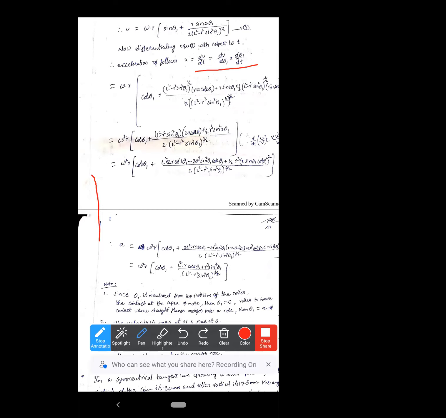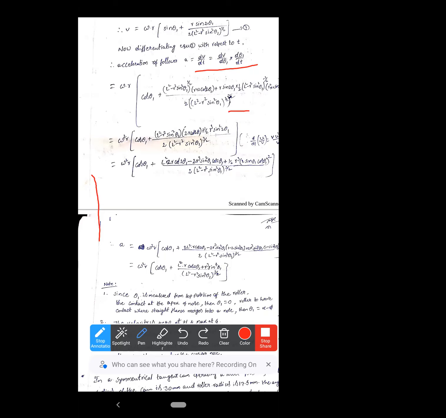Here v is L square minus R square sin square theta 1, whole power 1 by 2, and u dash is the differentiation of the numerator term, that is r sin 2 theta 1, giving r cos 2 theta 1 into 2. That is the differentiation of u, minus u into v dash. U is r sin 2 theta 1, and v dash is the differentiation of L square minus R square sin square theta 1, whole power 1 by 2.